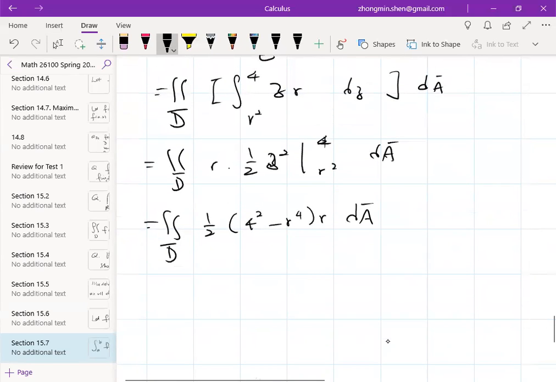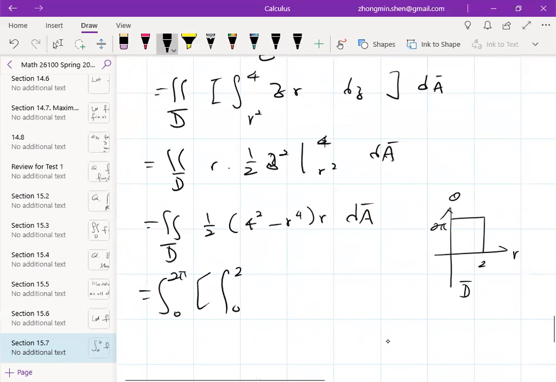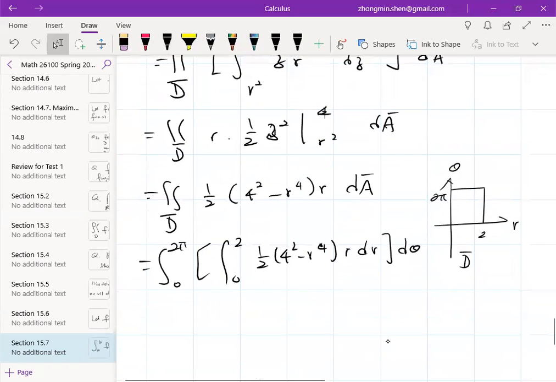Here r goes to 2, and theta goes to 2 pi, with dr and d theta. So you end up with the same integral again in any case.